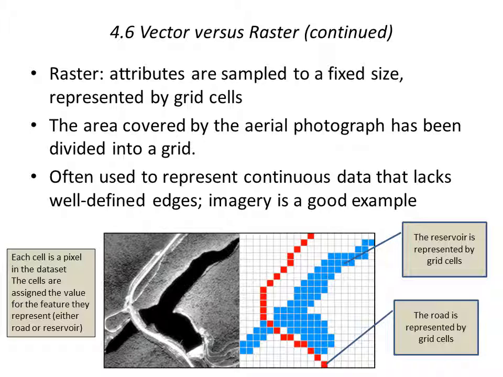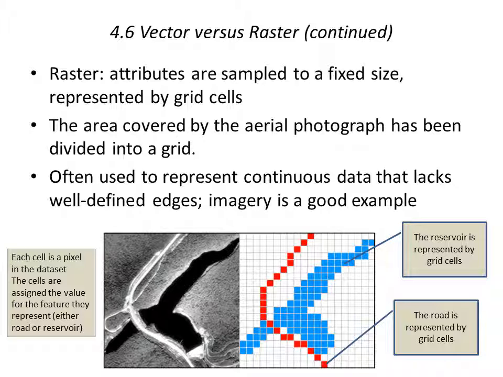Each cell is a pixel in the data set. The cells are assigned the value for the feature they represent, either road or reservoir. The reservoir is represented by grid cells. The road is represented by grid cells as well. Notice that this has a grid cell shape, and it has a completely different appearance from the vector data.